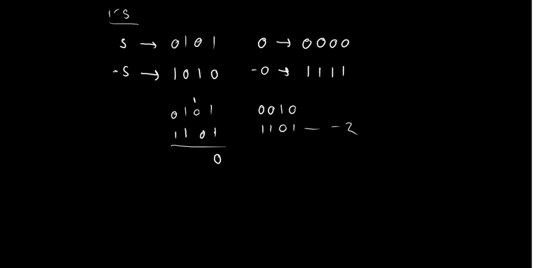Then 1 plus 0 plus 0, which is just 1. 1 plus 1 is 2, 2 in binary is 1, 0, so this would give us 0, carry 1. 1 plus 0 plus 1 is 0, carry 1. Which is funny. I did 5 minus 2, but this gives me what?